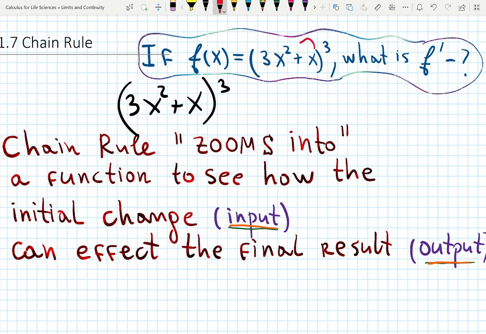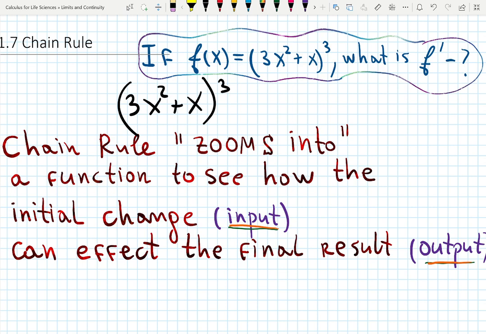Function inside of the function inside of the function. This is a function, let's call it u, that was cubed. So there's a function happening inside of the function. And that's exactly what biological processes do. When your heart beats, that's one function, but inside of the heart there is a blood flow. That's another function inside of the function, and the rate of the blood flow has also its own function.